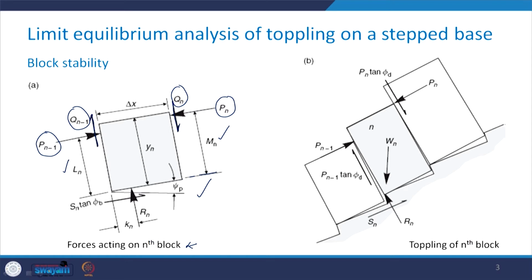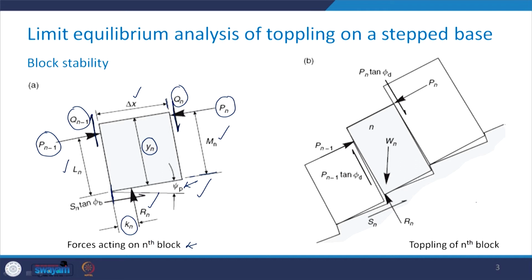The width of the block is delta x and the height is yn. This slope is given as psi p. There is going to be another force normal to this base, given by Rn, and this is acting at a distance of Kn from this face of the block.